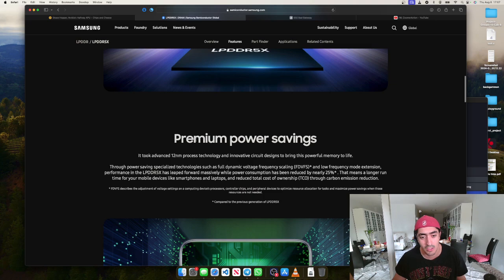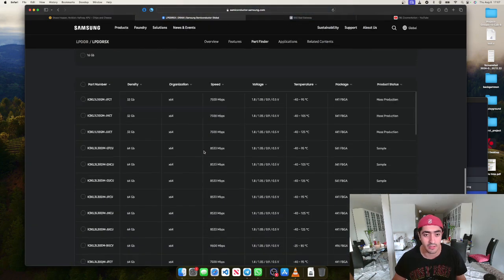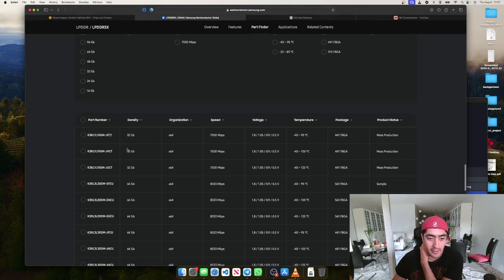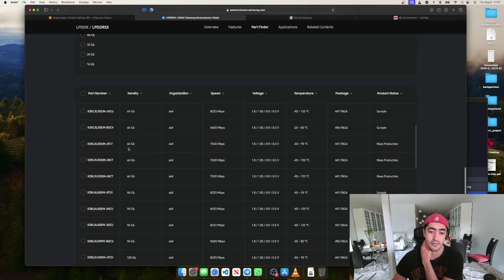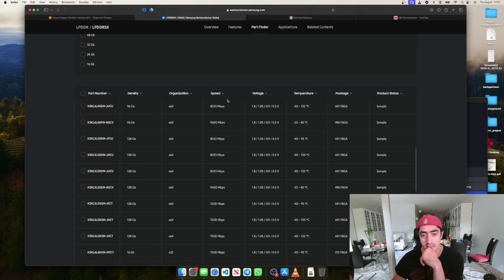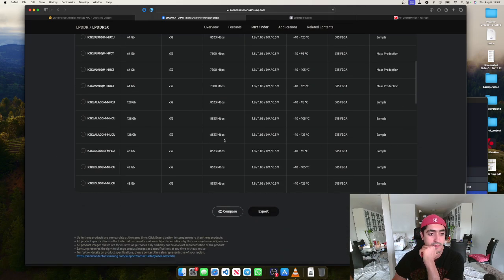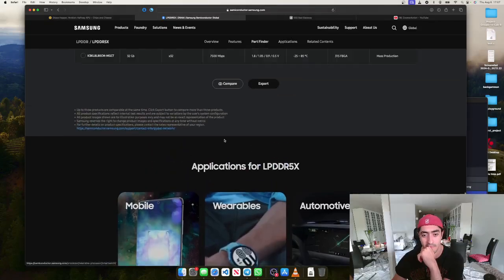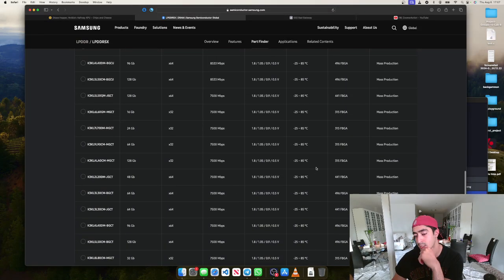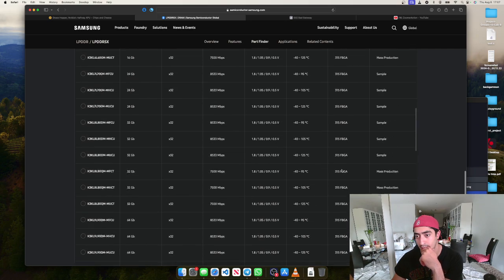So, premium power saving. Okay, so these are their technical analysis, and there's quite different models. Not sure what this is, but it can go up and down.